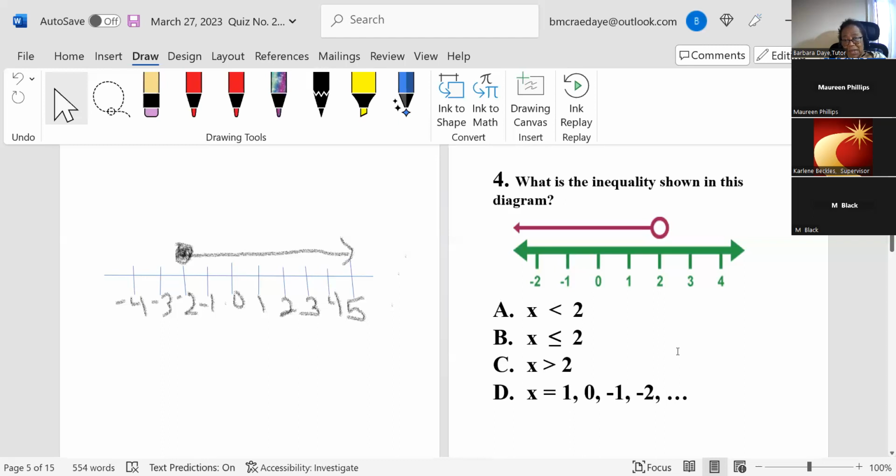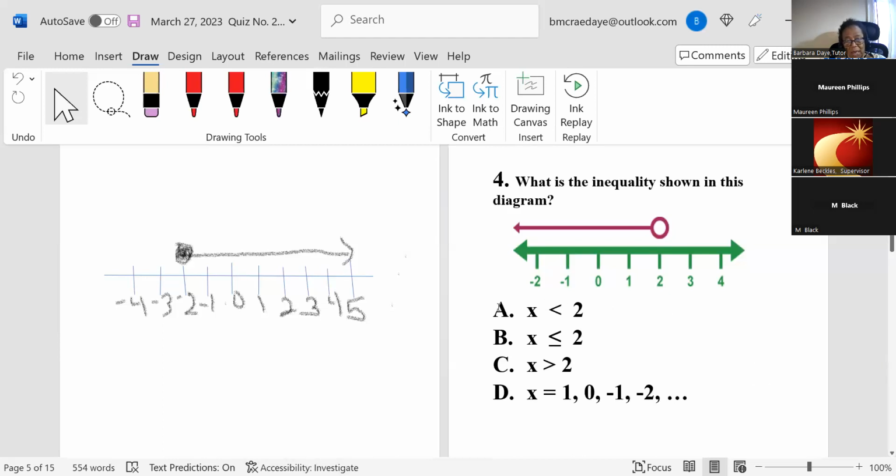Mercedes, you understand that? Yes, Miss. I'm trying to show you how you can eliminate possibilities here. It can't be B and it can't be D, because if it were less than or equal, it would be shaded like we had in that other problem.